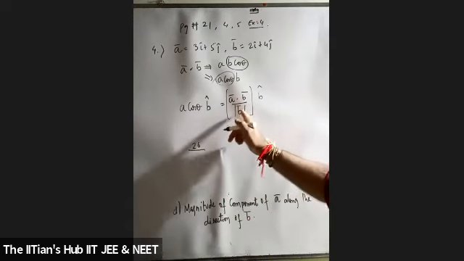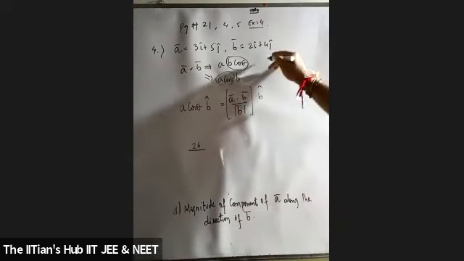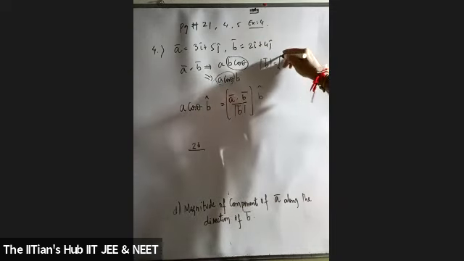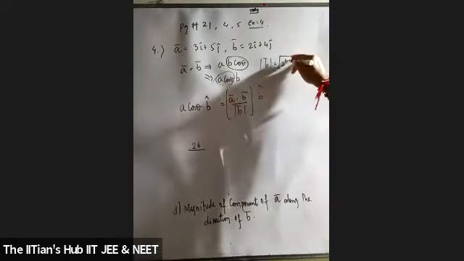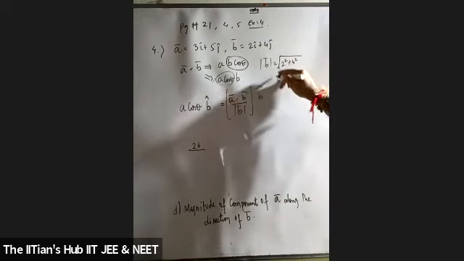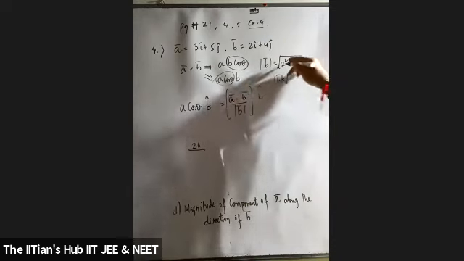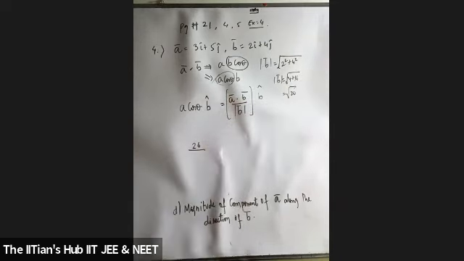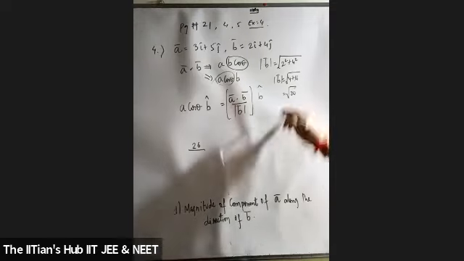Can you give me only the magnitude of vector B? What is the magnitude of vector B, students? It will be root of 2 square plus 4 square. Sir, root 20. Okay, so this becomes the magnitude of B. What will it be? 4 plus 16, so root of 20. 2 root 5. Agree? What is root of 20, students? So 2 root 5.